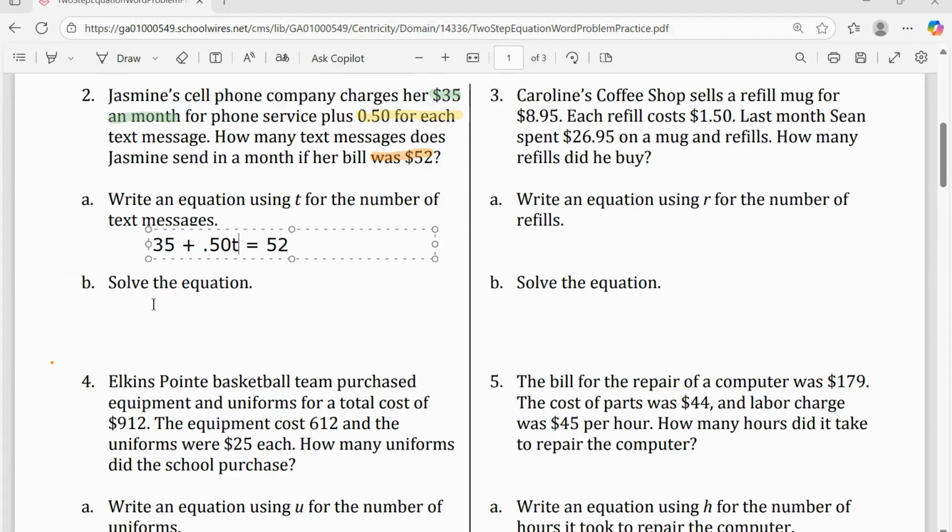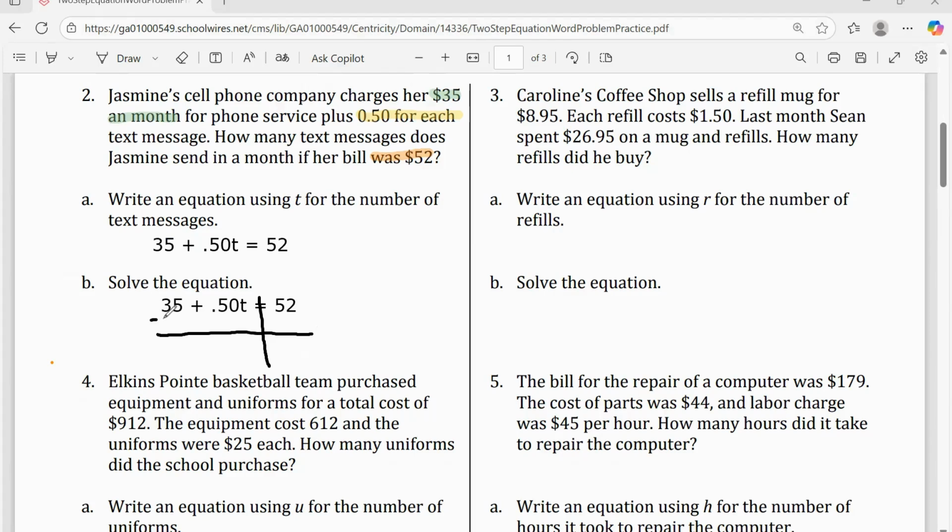So let's say 35 plus 0.50 t equals 52. Okay, now that we have that, let's see if we can solve that equation. So 35 plus 0.50 t equals 52. Four-way stop, since there's nothing that can be simplified. First thing that we want to do is get rid of this extra number. We want to get t by itself, but we need to get rid of this extra number first.